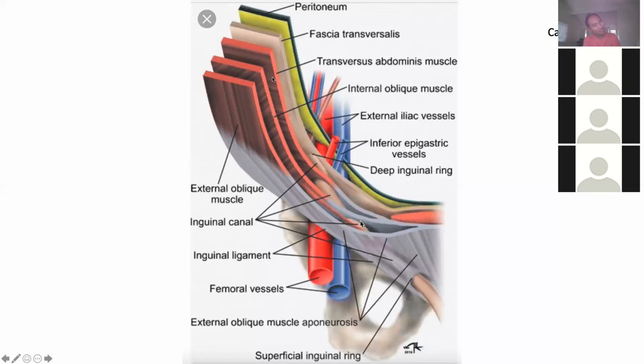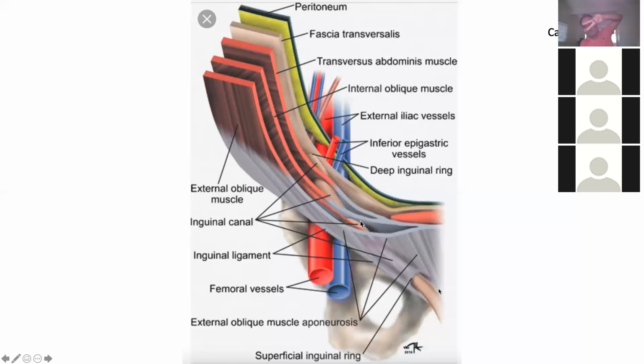And if you look at these three layers fused in front, the external oblique rolls up and curls up to become the inguinal ligament. When it comes to attach to the pubic tubercle, this inguinal ligament or external oblique muscle just splits like that and attaches to the pubic symphysis and pubic tubercle region.